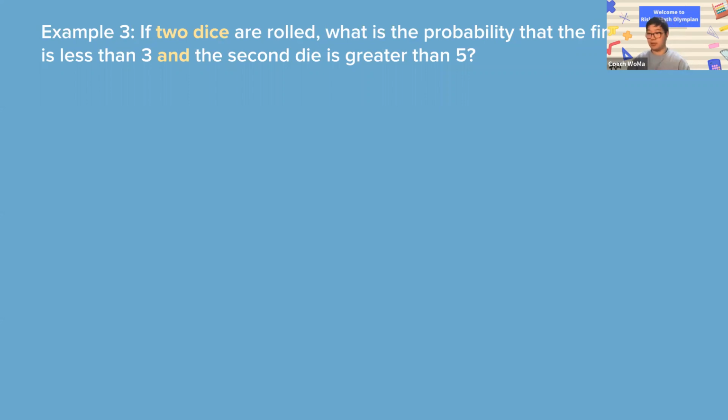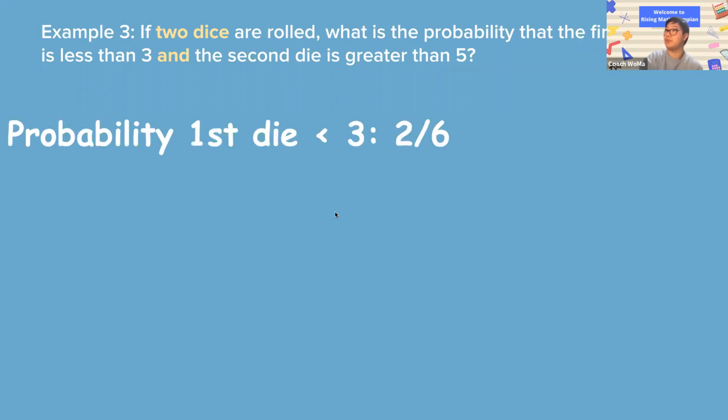All right, so let's start going over this problem. So the probability for the first die is 2 out of 6 because it's saying less than 3, and notice that it says less than 3. If it ever says less than or equal to, then it includes 3.